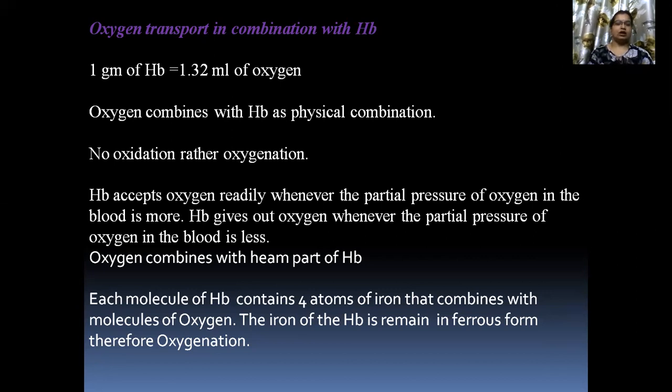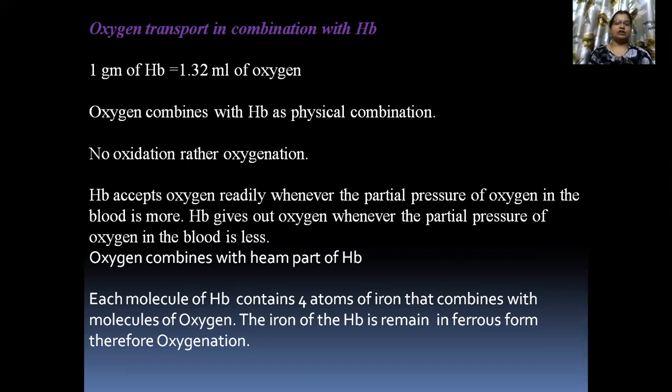It is only oxygenation where oxygen and hemoglobin combine, and there is no chemical reaction. Hemoglobin accepts oxygen readily whenever the partial pressure of oxygen in the blood is more. Hemoglobin gives out oxygen whenever the partial pressure of oxygen in the blood is less.